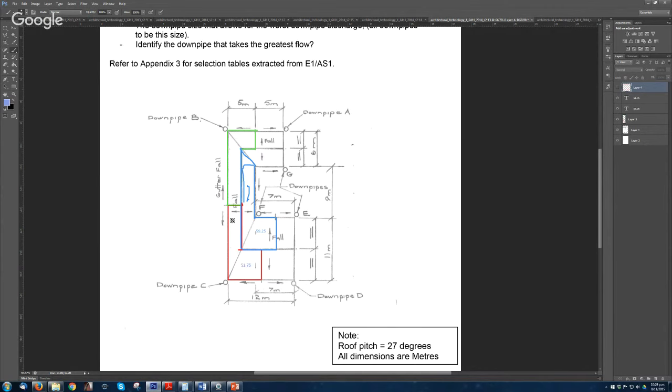That's why you don't need to calculate another one for that, because the gutter size that we've chosen will serve all of them. Good. I don't know if it answers your question.